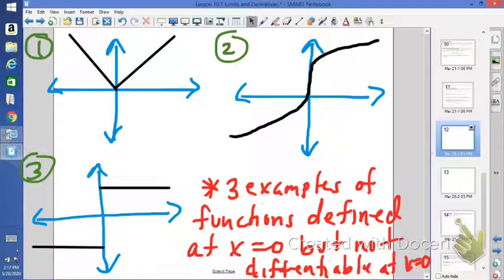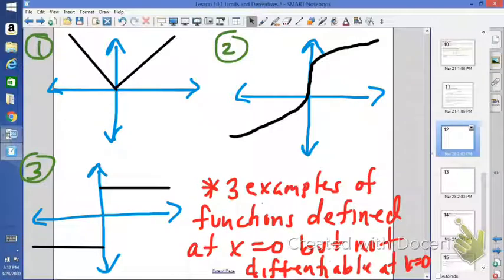If you were asked to find the derivative at 0 for these example problems, you wouldn't be able to do so, because if you look at x equals 0 in the first example, do you see how there's a sharp angle there? If there is not a curve, it's not differentiable. So there's a sharp angle. We can't differentiate that at x equals 0.